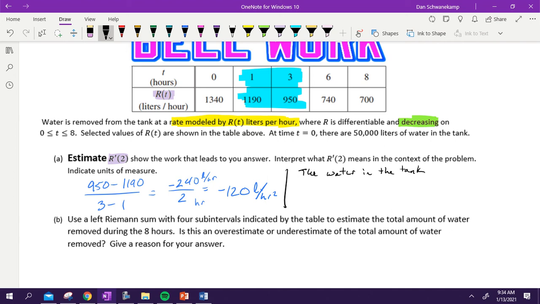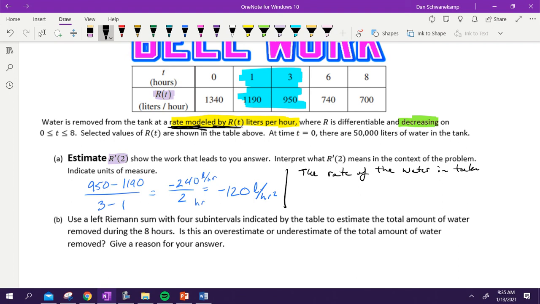I'm sorry, that's incorrect. That is not the water in the tank. It is the rate of the water in the tank. Because that's right here. It says R of T is a rate modeled by that. What is happening to that rate? It is decreasing. The rate of the water in the tank.